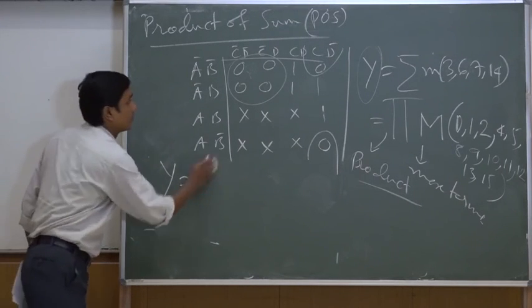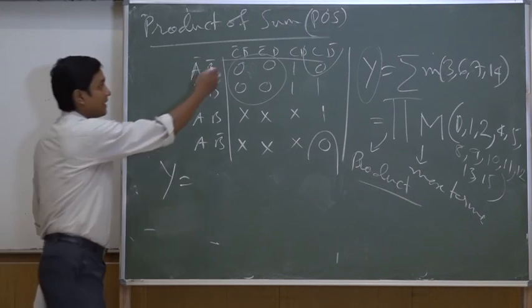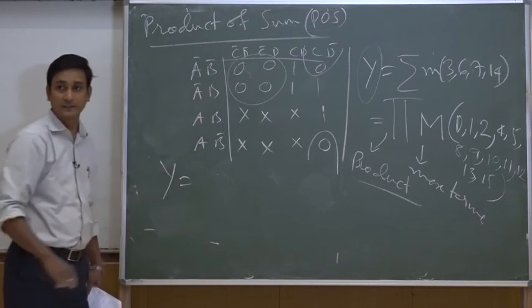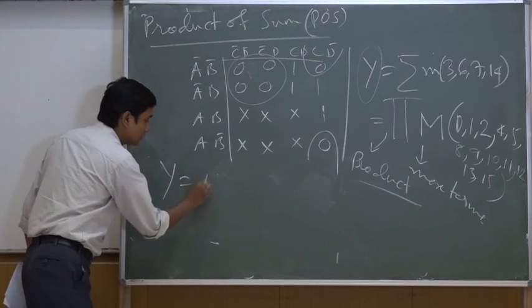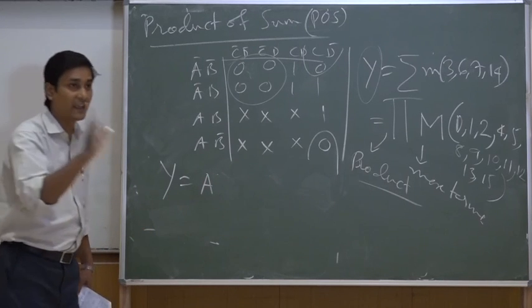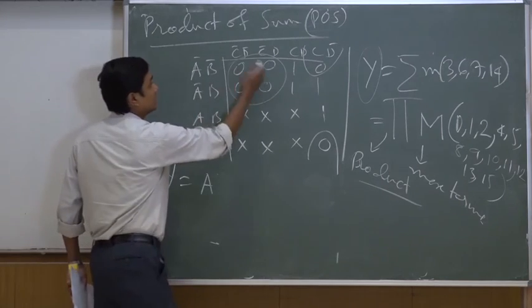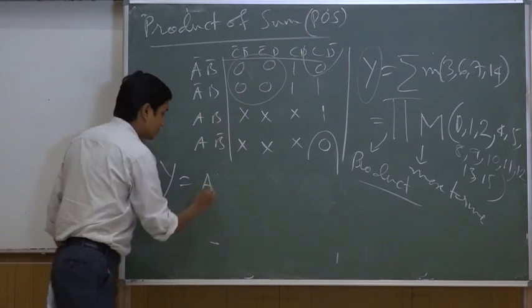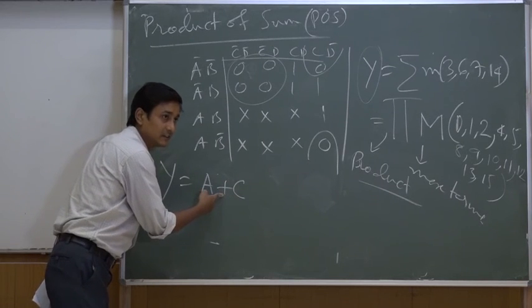Now, if you write the expression for this, I am seeing here B bar is gone, A bar is there, write A, not A bar, write A. Similarly, here C bar is there, so write C, but with OR, not AND.